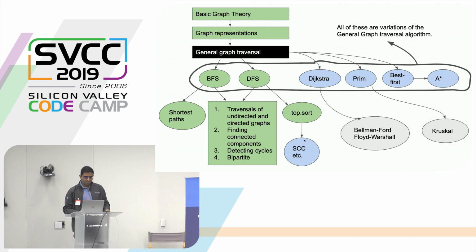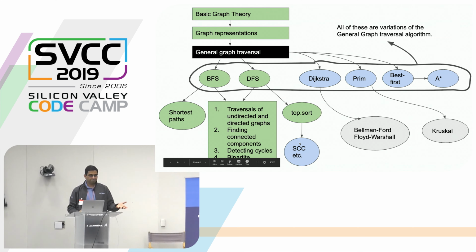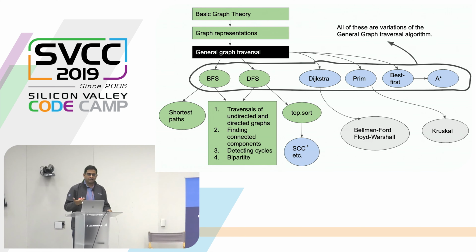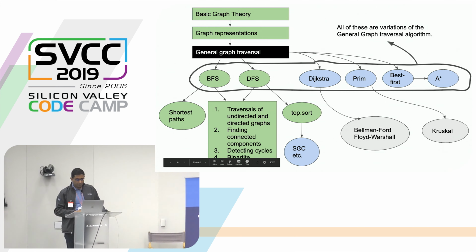And then topological sort is further extended to other applications, like finding the longest path in an acyclic graph, finding the shortest path in an acyclic graph, finding the number of paths in an acyclic graph, finding the strongly connected components of a directed graph, finding bridges and articulation points in an undirected graph. So those are some of the extensions that we discuss for DFS.